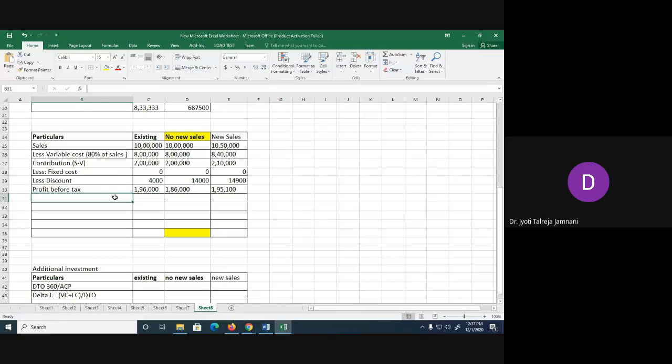Then less tax. No tax rate is given, so you get profit after tax, the same amounts.